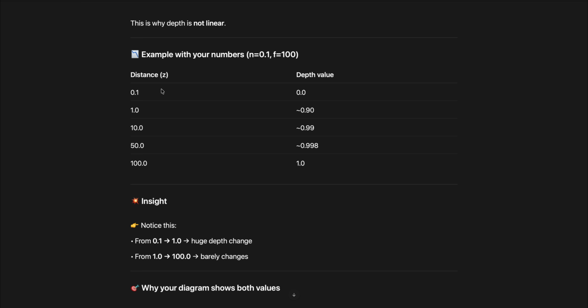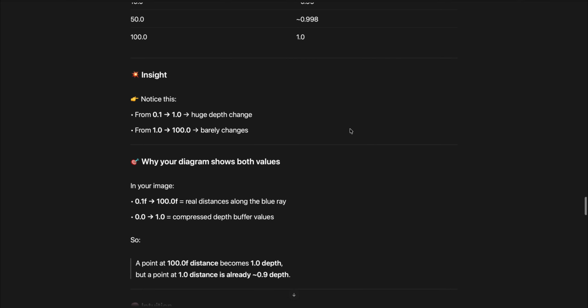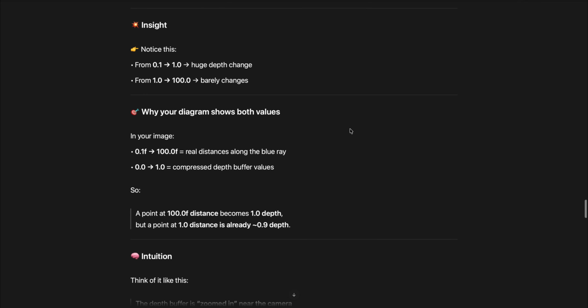So you notice from 0 to 1, we get a huge change, but from 10 to 100, we get very small changes in the depth value. I guess this is where it's talking about precision, why your diagram shows both values in your image, 0 to 100. Compressed depth values, okay.